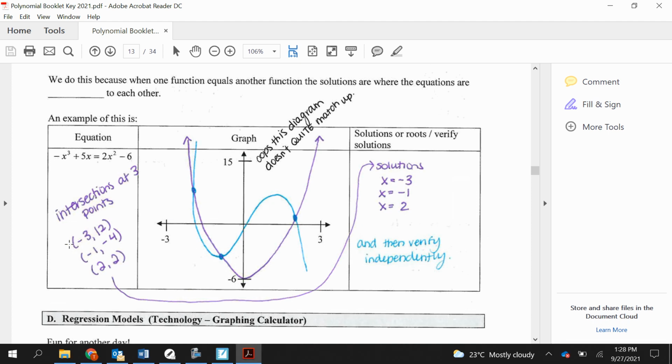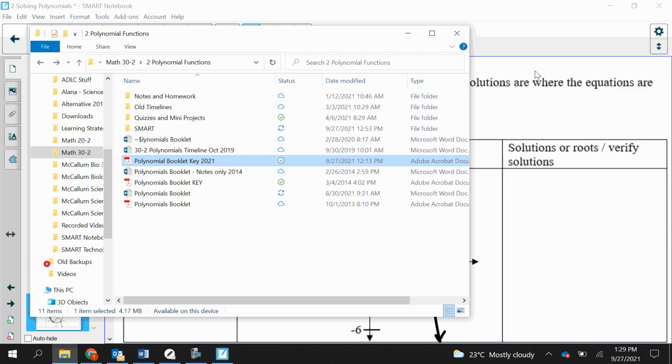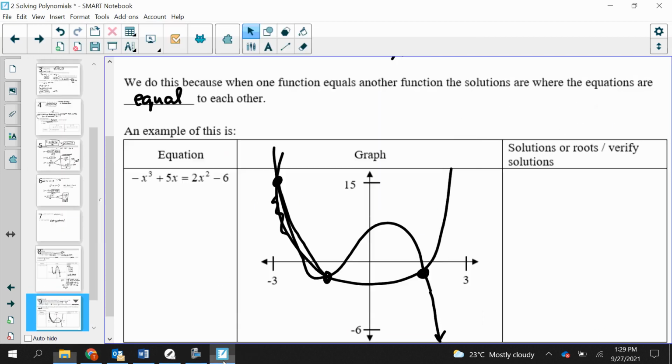And for the coordinates of the points of intersection, we just care about the x values: at -3, -1, and +2, and that gives us the solutions that we have up above. And again, you want to verify it independently, making your left-hand side equal to your right-hand side, not equal to 0 in this case. But again, let's use method 1.